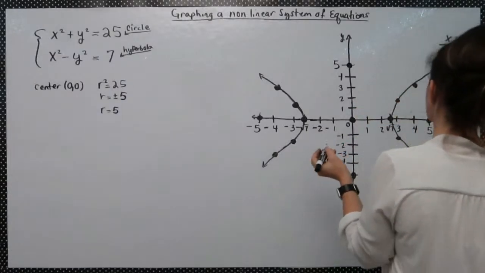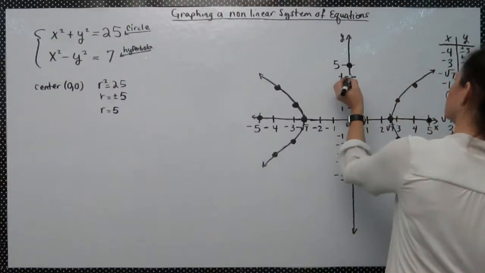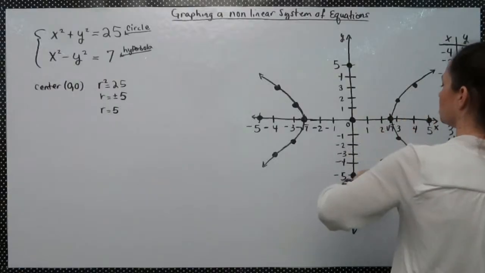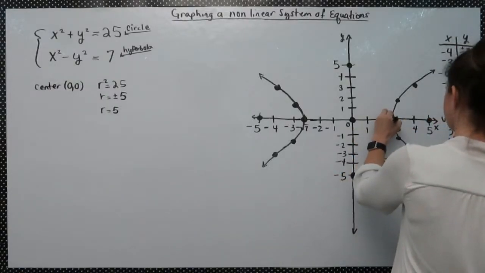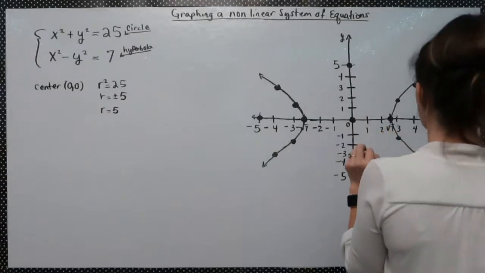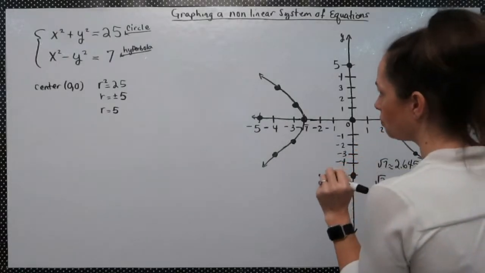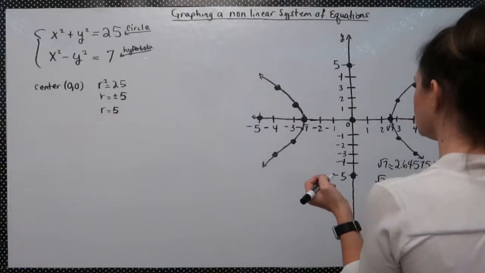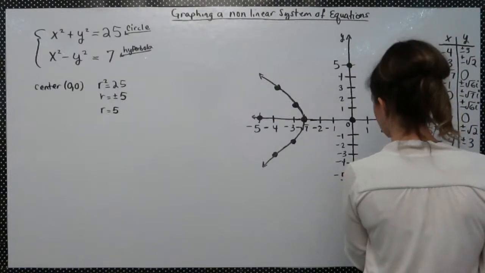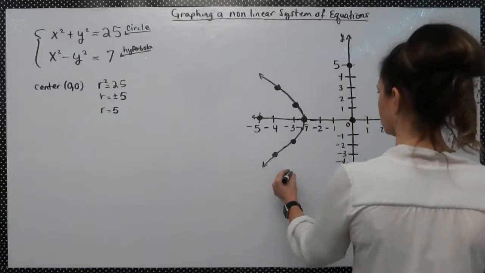So I'll have this kind of thing going on. And I want to go ahead and find some more points in here. I feel like I need to have an in-between point in here.